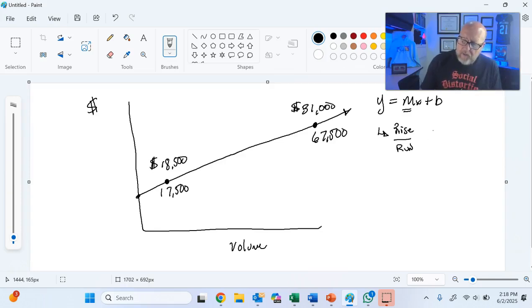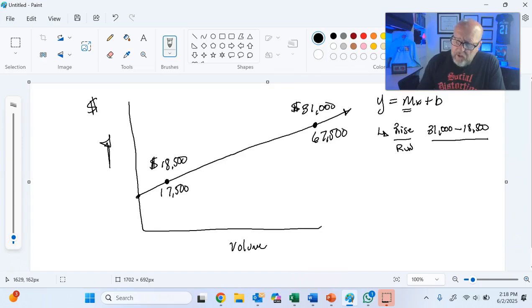And in that particular instance, I think I can sketch out my rise. I'm going to go the high first, and rise is on the cost side. So I'm going to take 31,000 minus the low data point of rise, which is 18,500.